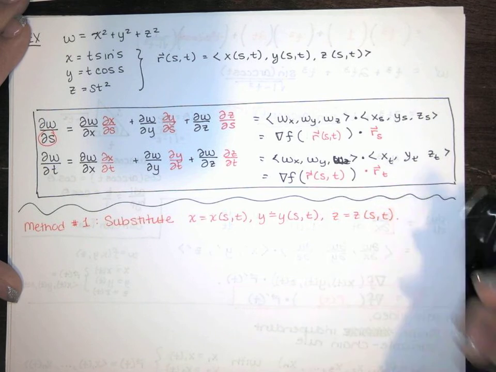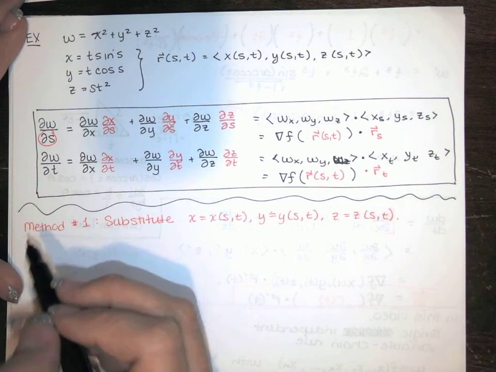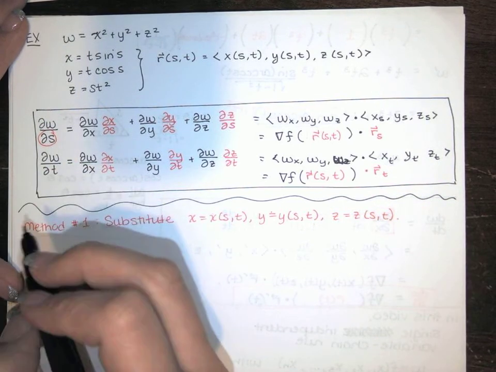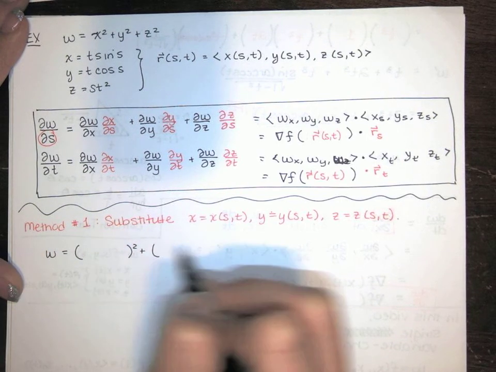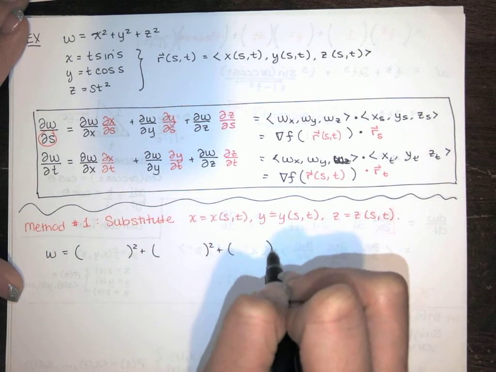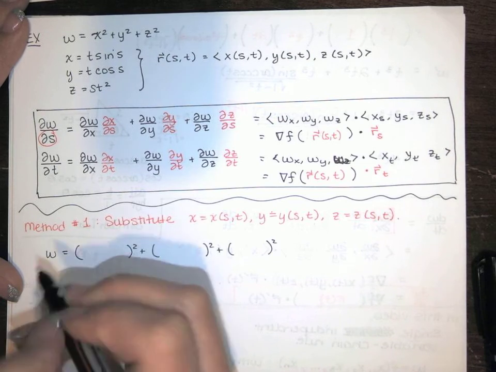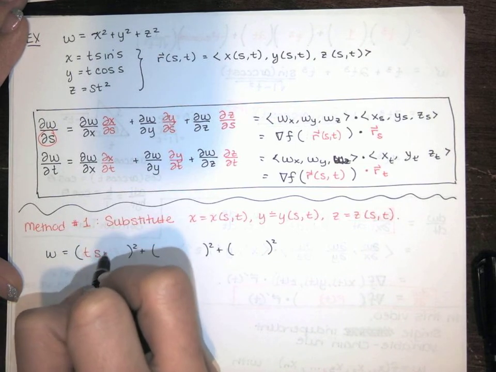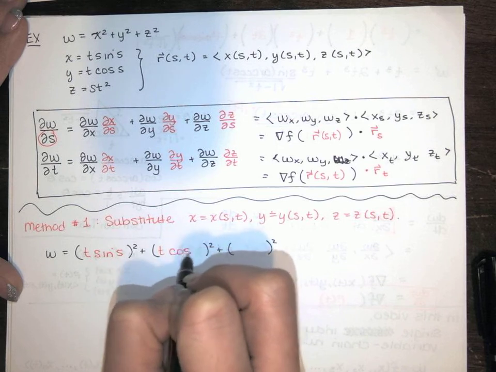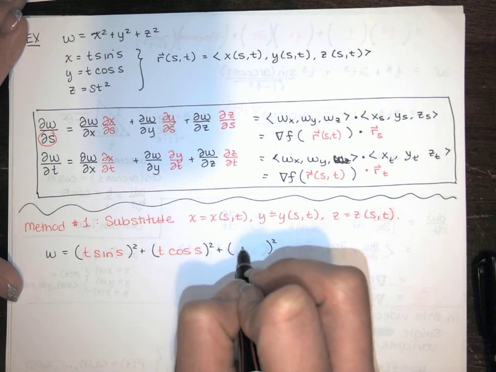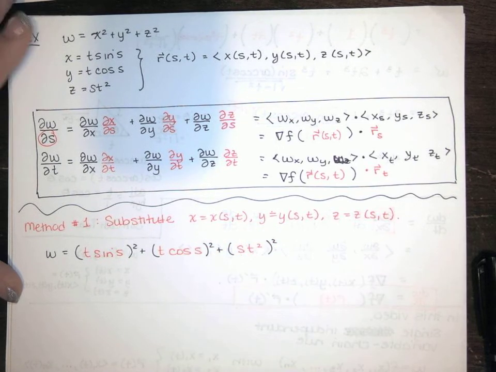Into our equation, and then take derivatives with respect to s and t. So w is x squared plus y squared plus z squared, and x is t sine of s, y is t cosine of s, and z is s t squared.